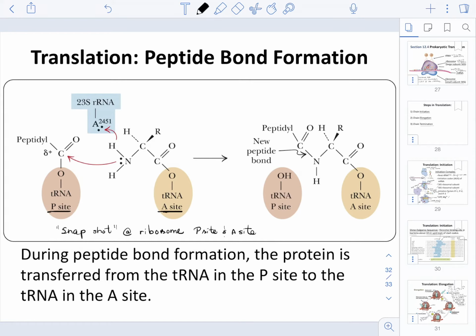As you can see, in order to make that peptide bond, that amide bond between the two amino acids, the amino group of the amino acid on the A site does a nucleophilic attack on the carbon that is part of the peptidyl chain. So that carbon is going to be our electrophile.